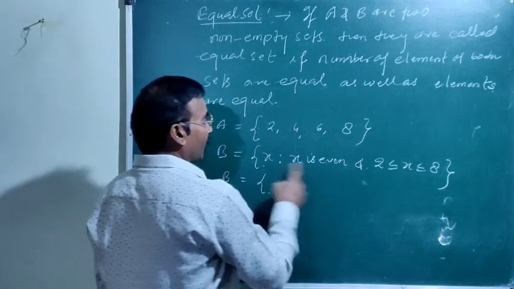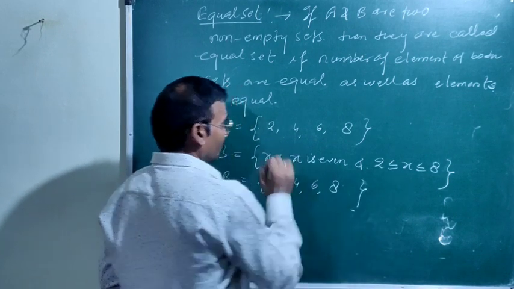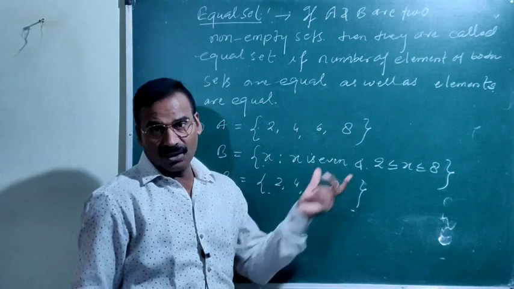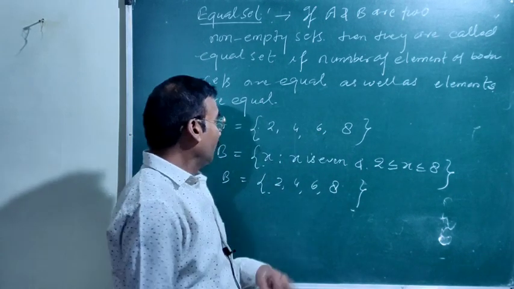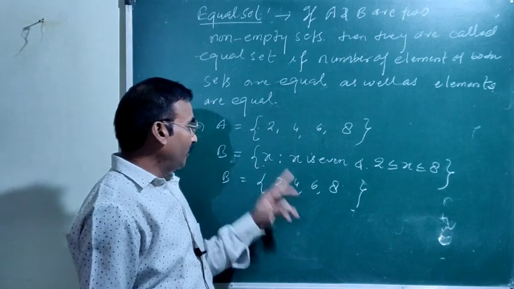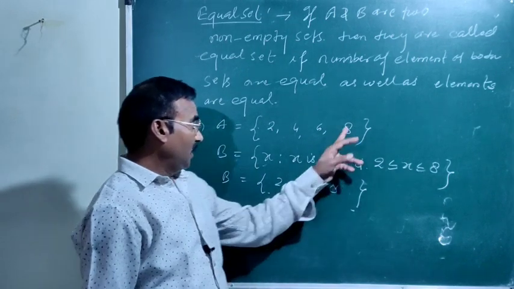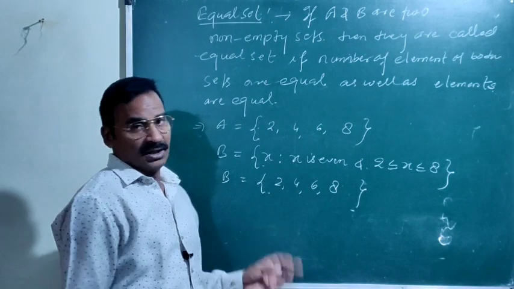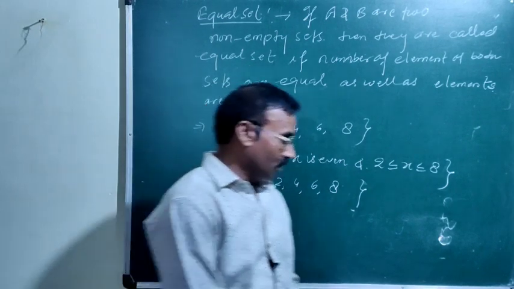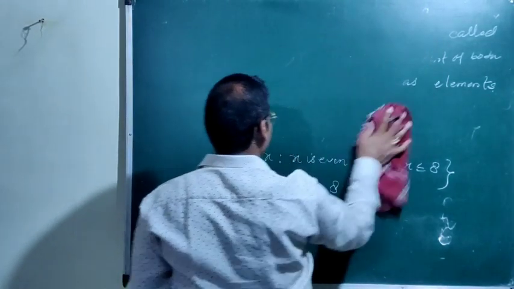In roster form we can write 2, 4, 6, 8. So the number of elements is 4 and 4, so the number of elements are equal. Again 2 belongs to A and 2 belongs to B, 4 belongs to A and B, 6 belongs to A and B, 8 belongs to A and B. So the number of elements is equal and also the elements are equal. Such a type of set is called an equal set.